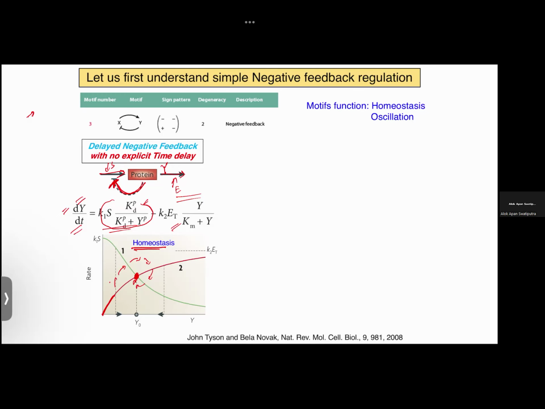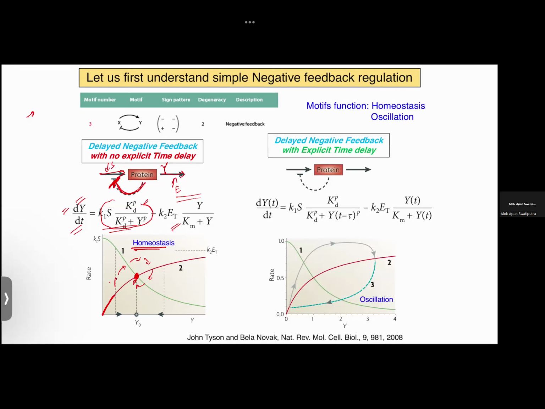Now you do something, that is, consider that there is a time delay in the system. What do I mean by time delay? Here I had mentioned that this protein is formed, and in its dimer or trimer form, it provides a negative feedback to its own formation.